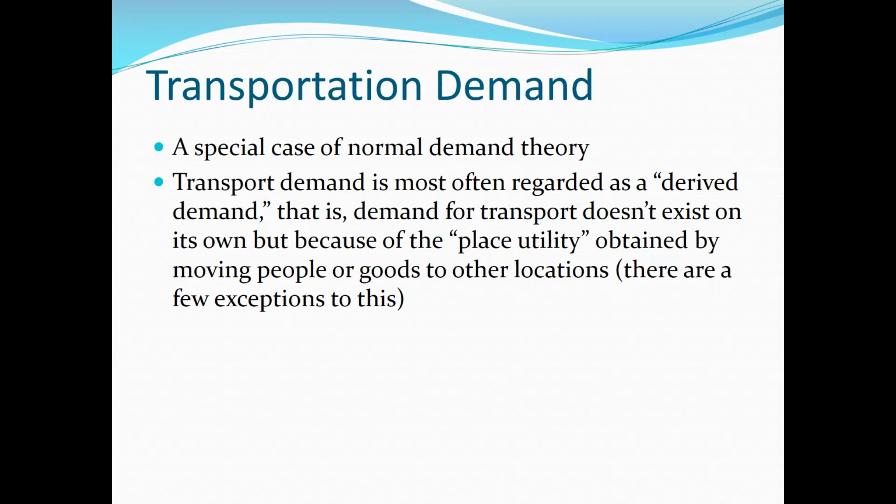And there are some interesting implications of this. That derived demand idea is what makes transportation so very linked to land use issues, right? We have to think about transportation and land use almost as one thing. You cannot think of them as two different things.